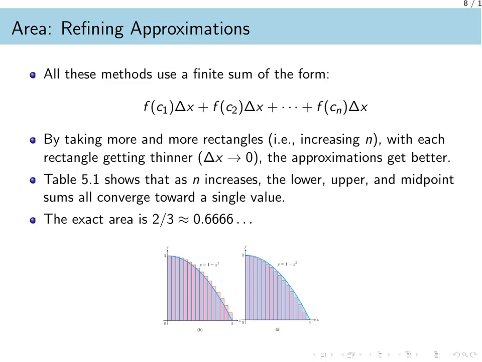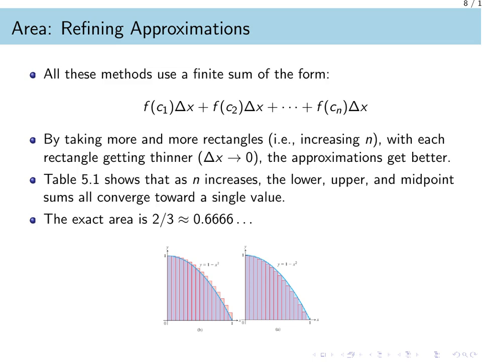All three methods we have seen are just different ways of constructing a finite sum. They all follow the general form. We sum up terms, where each term is the function evaluated at a chosen point, c sub k, multiplied by the width of the rectangle, delta x. The key idea is that as we take more and more rectangles, increasing n, our approximations get better.